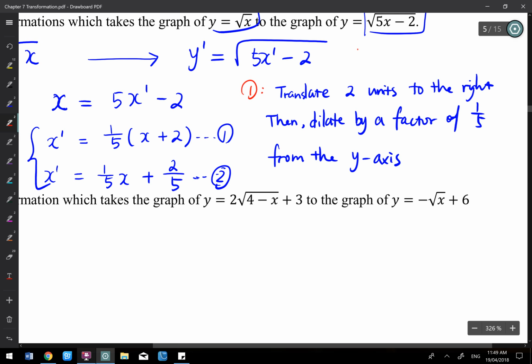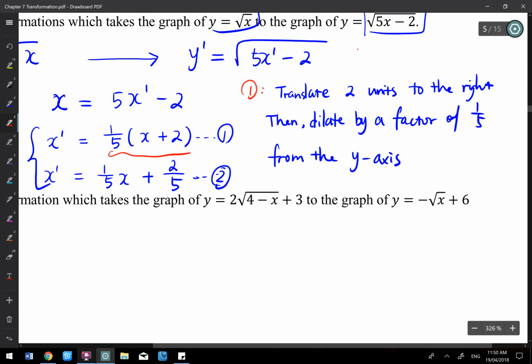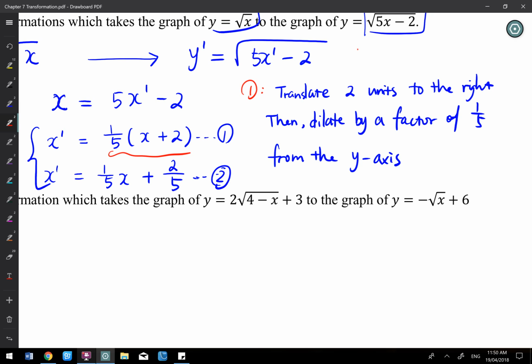Because your calculation order must be the same as your transformation order. How do we calculate this? We plus the 2 first and then times by 1/5. So it's moved to the right by 2 and then dilate by 1/5. This is a right answer. Nothing wrong.